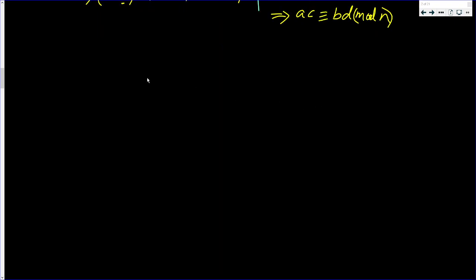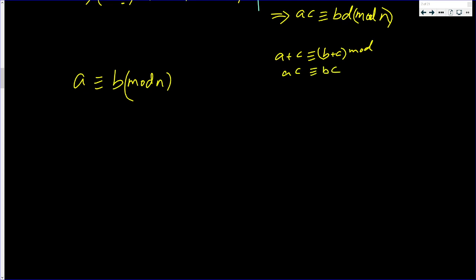Number 5 talks about just adding c or multiplying by c. So, you're given that a is congruent to b mod n. And you want to show that a plus c is congruent to b plus c mod n, and that a times c is congruent to b times c mod n.